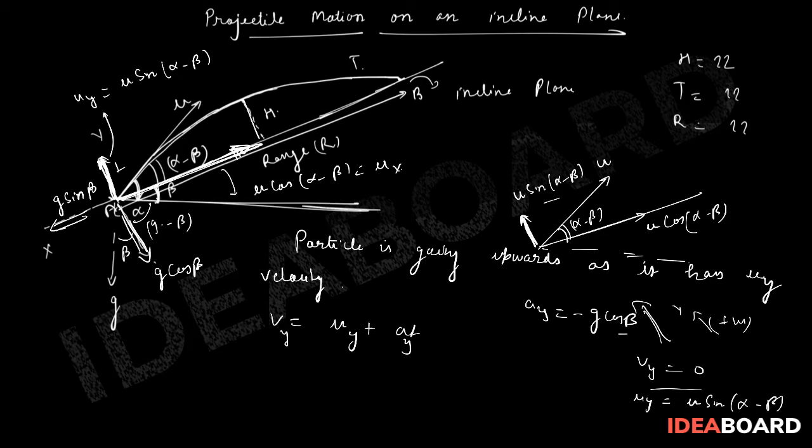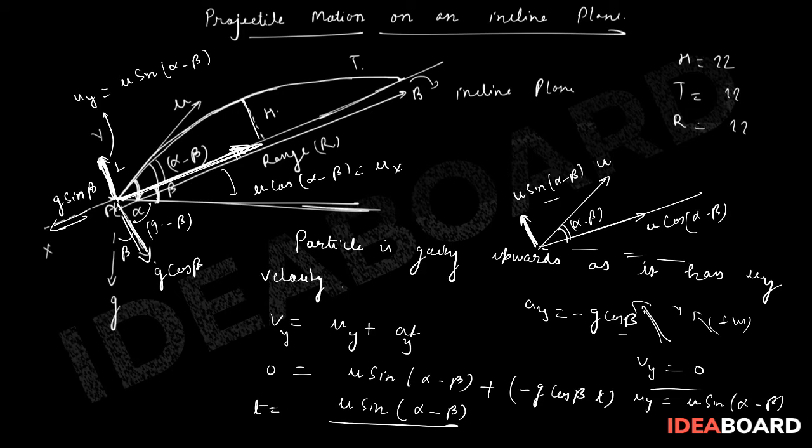Obviously it is downwards, so we can write 0 = u sine(alpha minus beta) minus g cos beta into t. From here I can say t = u sin(alpha minus beta) upon g cos beta, correct?